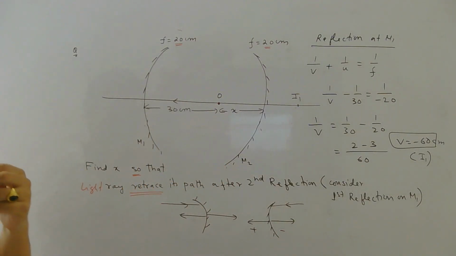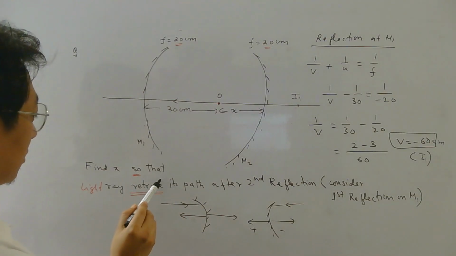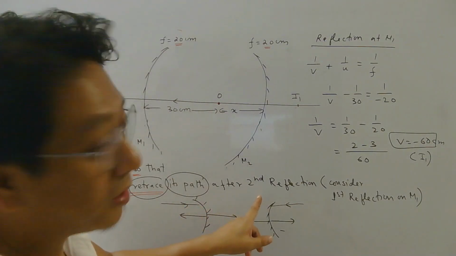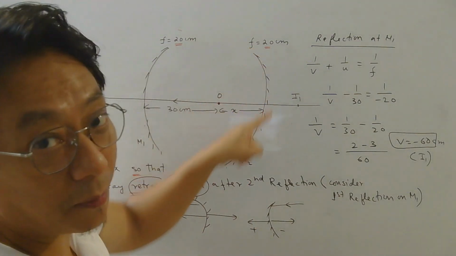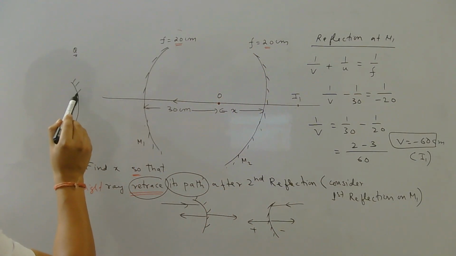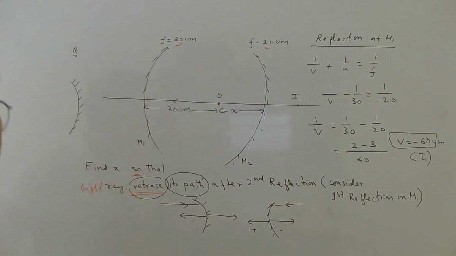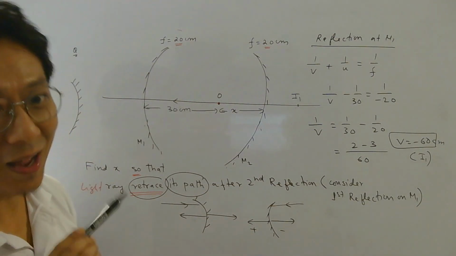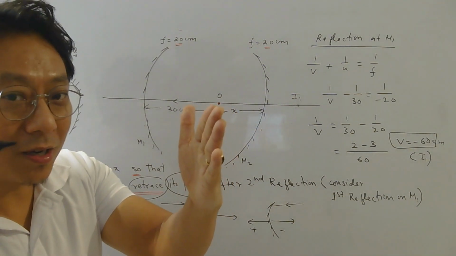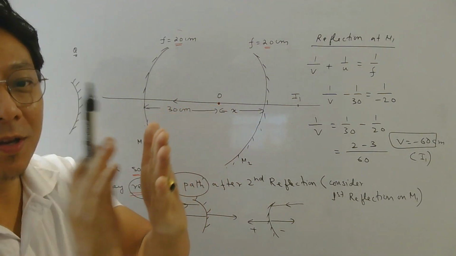So understand one thing, they told that the light ray should retrace its path after second reflection, and second reflection will happen here. Now let us think, when does a light ray retrace its path? Well, if you remember, in class I told you, a light ray will retrace its path only when it hits perpendicularly to the mirror.